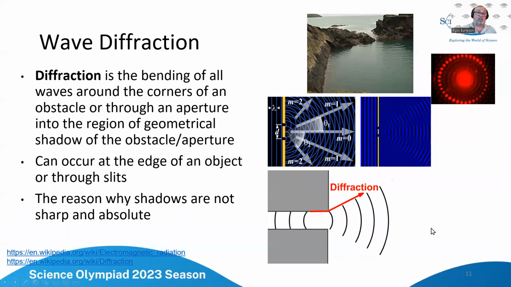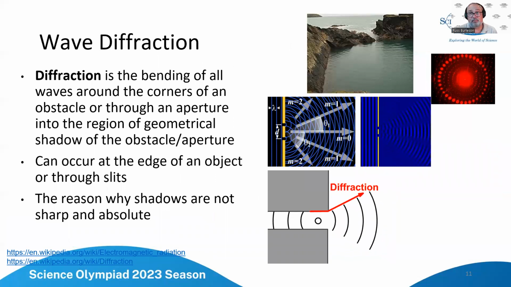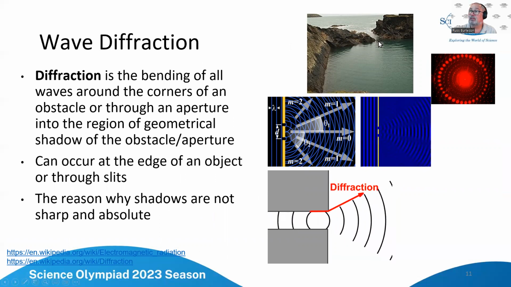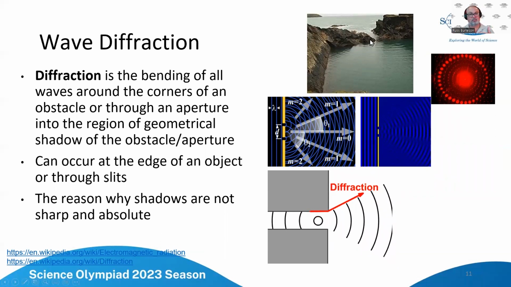So now let's talk about the third way that light bends, and that is wave diffraction. Okay. So this is bending of a wave around an obstacle. So you look up above here, we have waves in the ocean. They're coming in, and we've got a little lagoon here. But these rocks protect, they don't allow any of the wave energy to come through except right here.